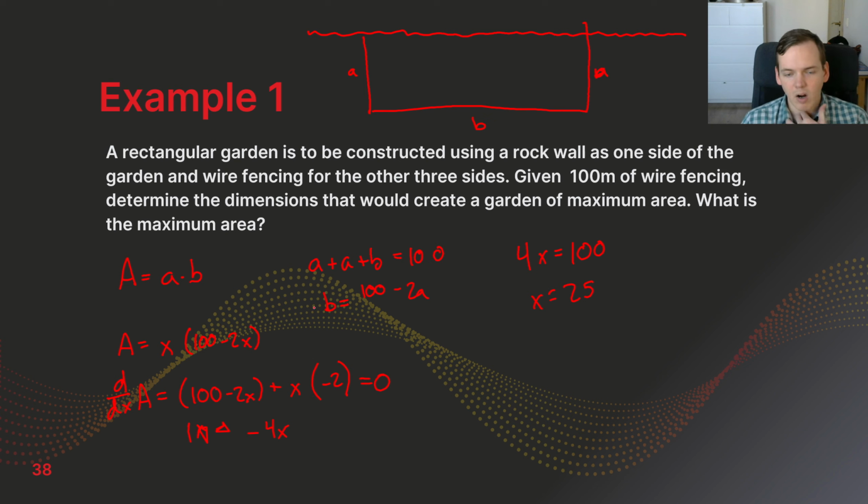We know that our endpoints, which is where either the fence is all in the A direction or the fence is all in the B direction, will produce areas of 0. So we'll ignore those, and we know it's probably our critical point.